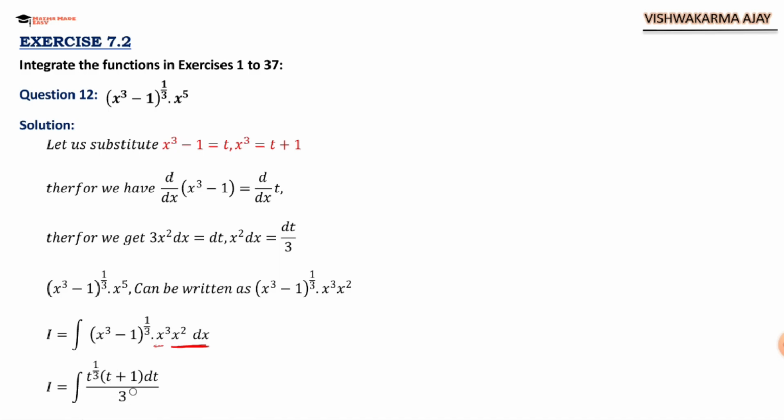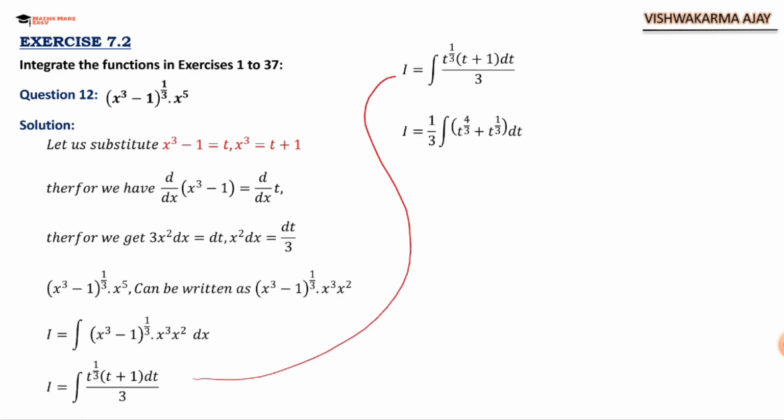Now I will be taking 1 upon 3 common out of the bracket, and then out of the integral, then t to the power 1 by 3 will go inside the bracket. Let's see what happened with that. Here, same. I am taking 1 upon 3 out of the integral, and t to the power 1 by 3 is going inside the bracket.